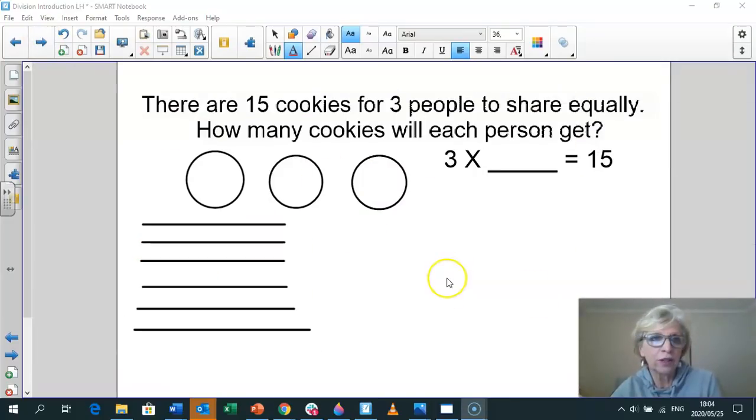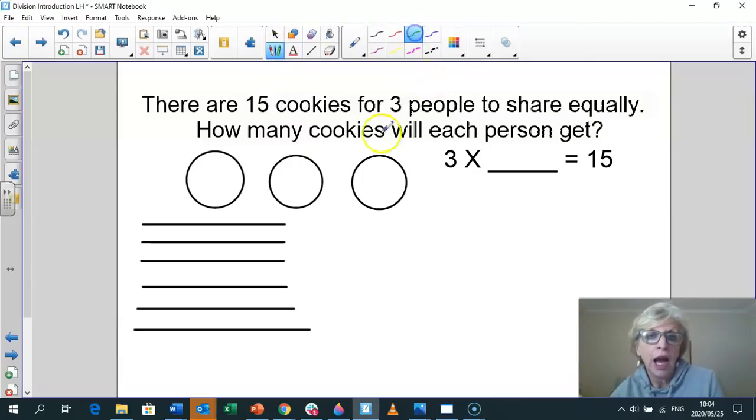Let's have a quick look at this. There are 15 cookies for 3 people to share. Let's do this with the array first. Okay, so I know when I have an array that I have to draw 3 on each row. 1, 2, 3, 4, 5, 6, 7, 8, 9, 10, 11, 12, 13, 14, 15.